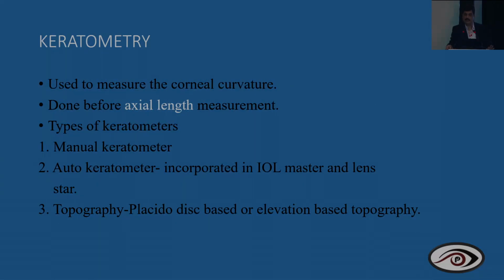Coming to keratometry, it is used to measure the corneal curvature, which has to be done before the axial length measurement. There are two types of keratometers we know: manual keratometer and auto keratometer. Even topography, whether Placido based or elevation based, also gives the keratometer reading.